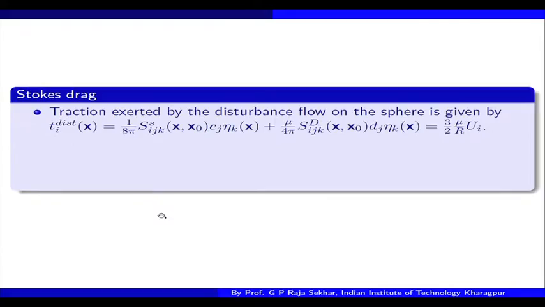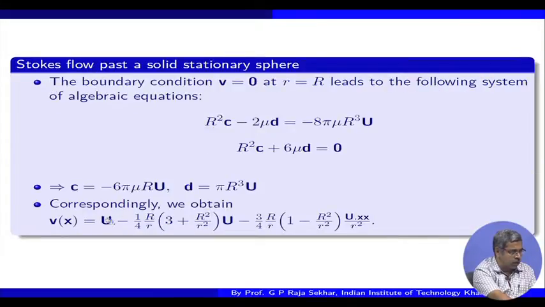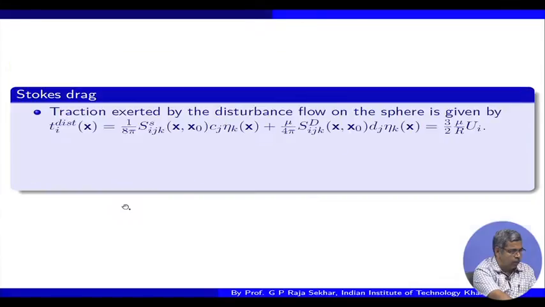And corresponding to this, the stress operator on the Stokeslet and the stress on the potential dipole can be computed, and the corresponding stress on the constant is 0. So, if we operate this, please recall the week 3 lecture, where I computed the stress corresponding to a potential source.